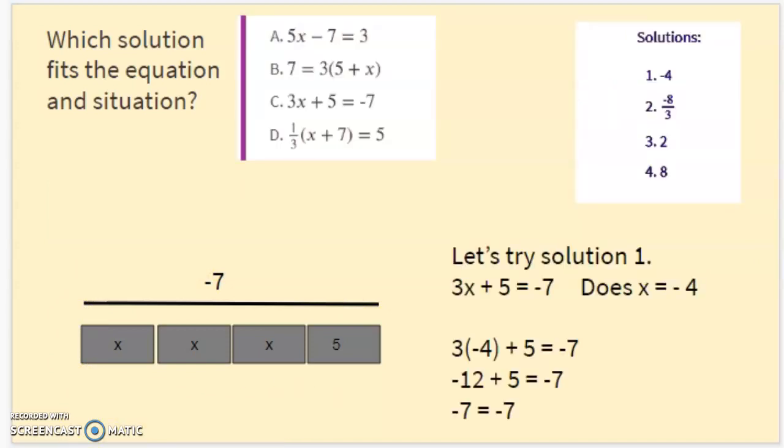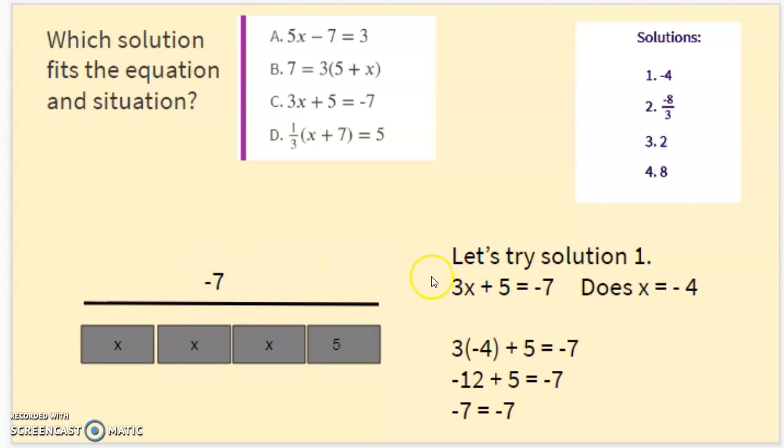There are a couple of ways to check to see which solution works. We can start at the top and take solution number 1, which is -4, and replace every place that we see an x with -4. So we have -4, -4, -4, and that would equal -12, and then we add that together with 5, and we get -7, and we have a -7 here.